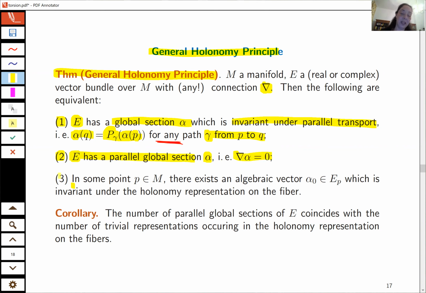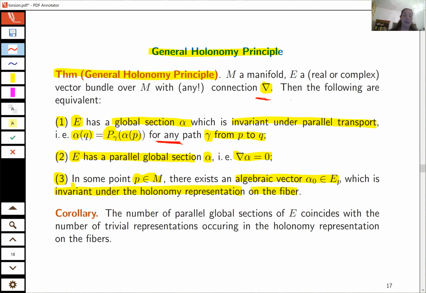And third variation, in some point P, there exists an algebraic vector alpha naught in the fiber E_P, which is invariant under the holonomy representation on this fiber, because I started with a connection. So this connection acting on this vector bundle induces a holonomy representation on fibers.